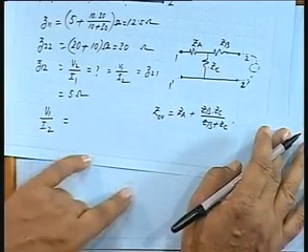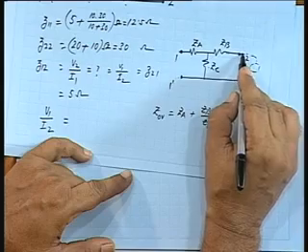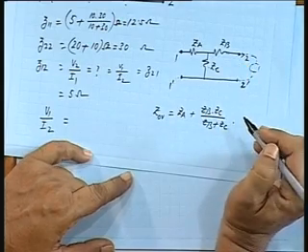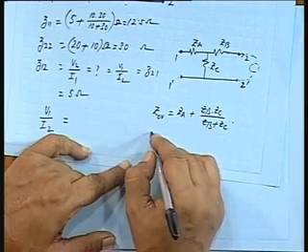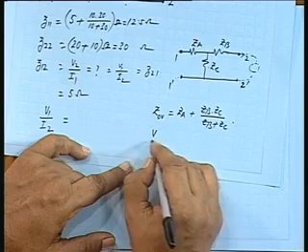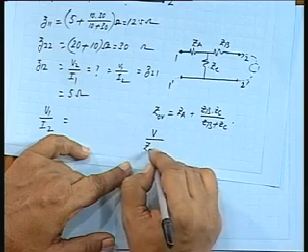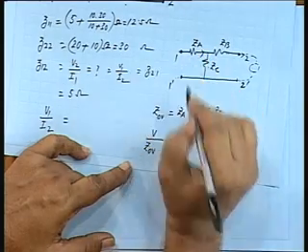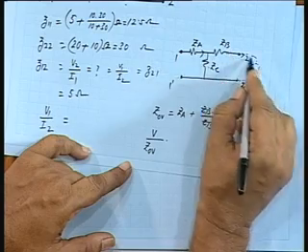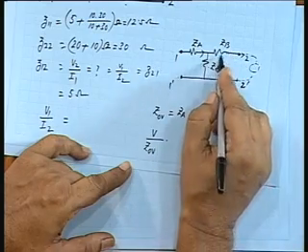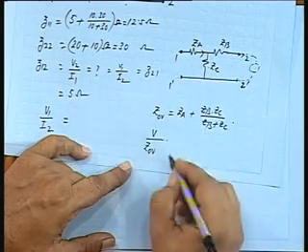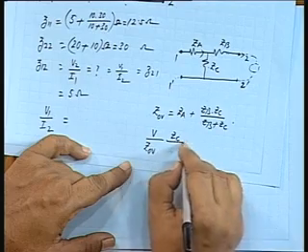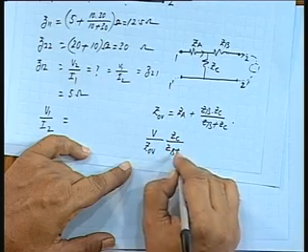Okay. And how much is the current flowing through this? Voltage by Z overall is this current, and a fraction of that is flowing through this. What fraction is it? It is the other impedance ZC by ZB plus ZC. Is that all right?